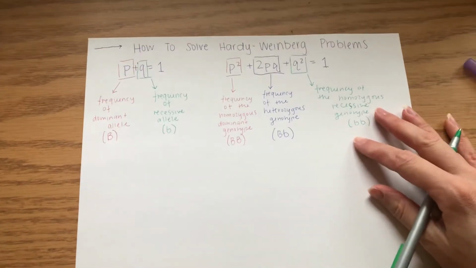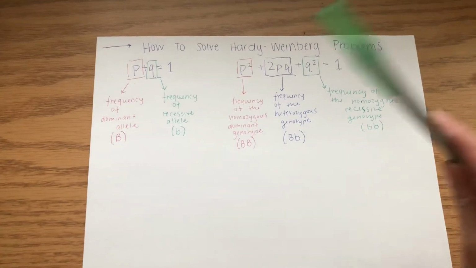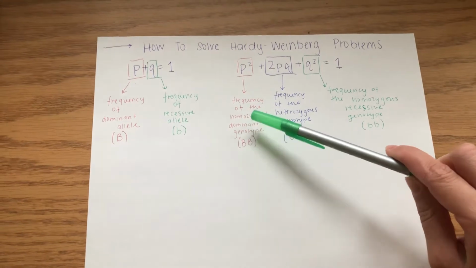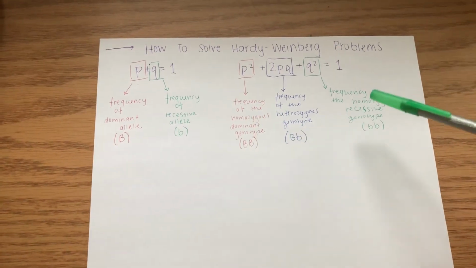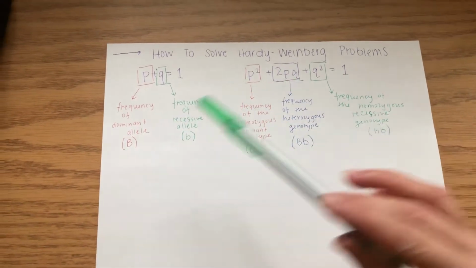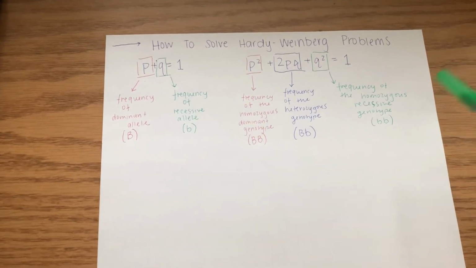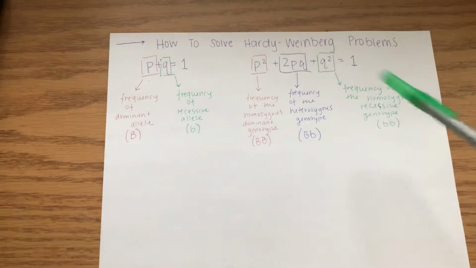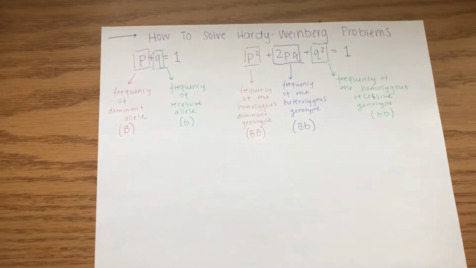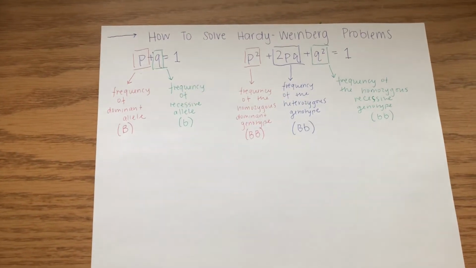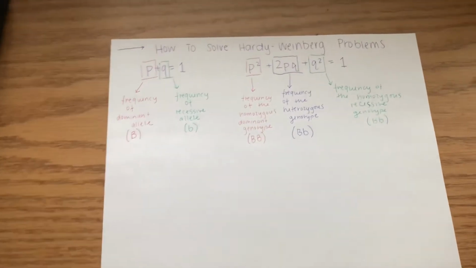So the reason I want to show you this first is because some problems are going to ask you for the frequency of the homozygous dominant genotype. Some are going to ask for the recessive, heterozygous, the alleles. So I want you to be prepared to know what each variable stands for, okay? So that's our variable breakdown. Now we're going to go into solving problems.